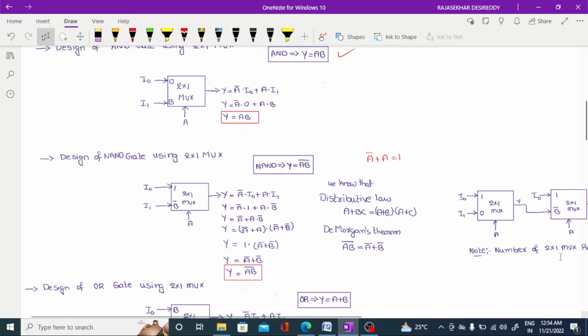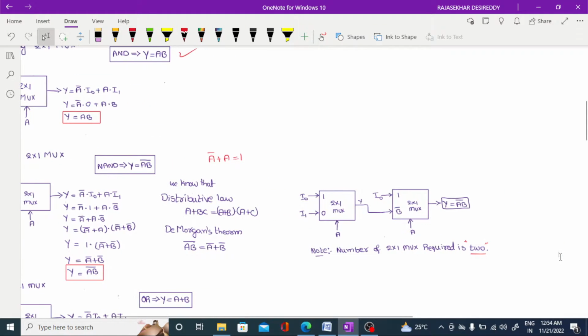So this is another way to represent it. Now observe here, this is another way to design, where two 2 by 1 muxes are used. This first 2 by 1 mux acts like a NOT gate, and this is given as b bar as one input, and the I0 input is 1 itself.